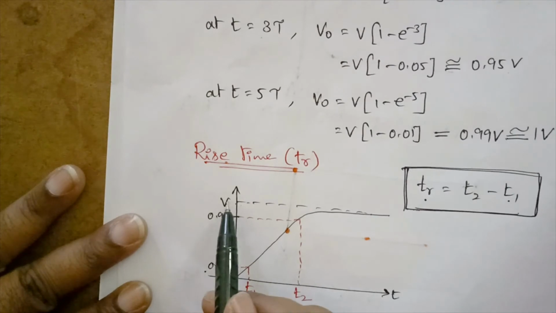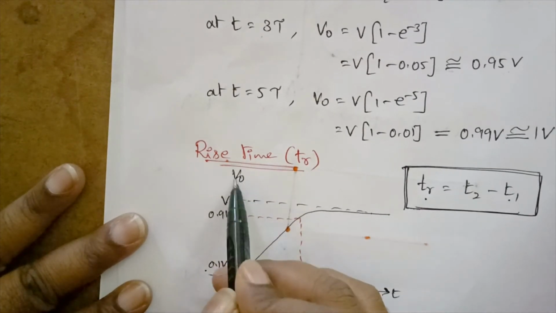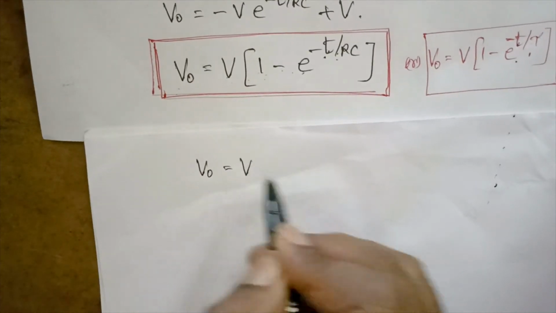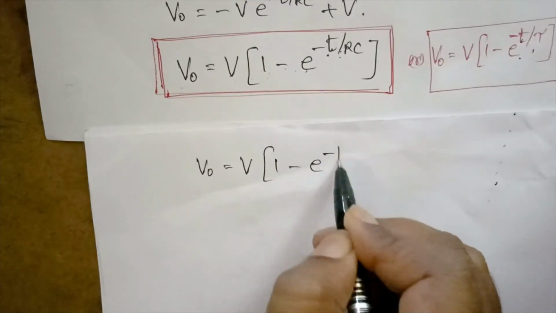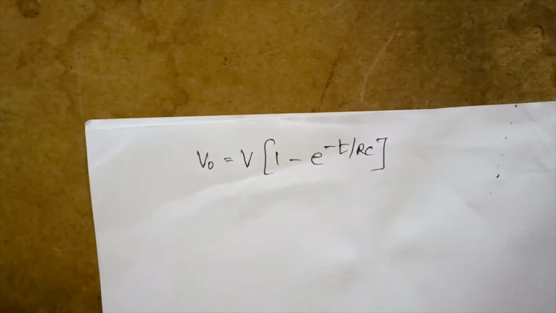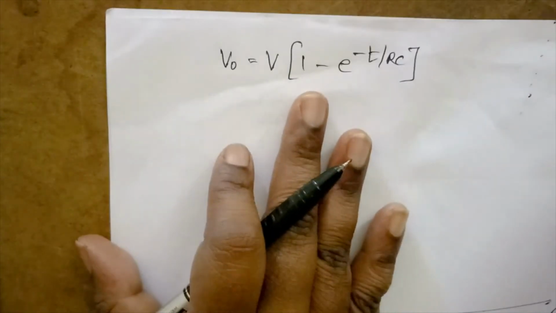We already know the expression for V0. What is the expression for V0? Already we derived it: V0 is equal to V into 1 minus e power minus t by RC. Okay, so let us derive the rise time.